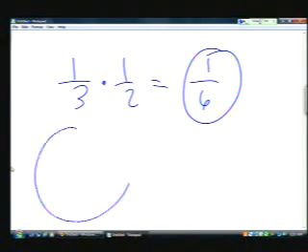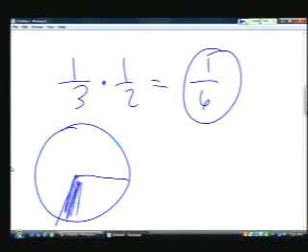So what's going on visually here is if you take a third of a piece of pizza and multiply it by a half, cut it right in half, you'll end up with a sixth of a piece of pizza. That's the reason why we just take numerator times numerator, denominator times denominator.